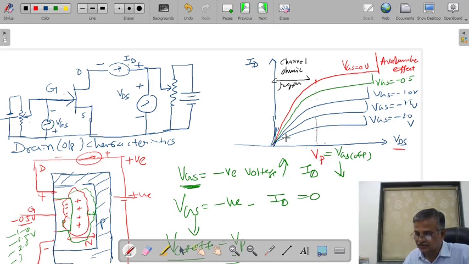What about this region? See, here it is almost constant. So that's why this is a pinch off region. This is your channel ohmic region. This is your pinch off region.